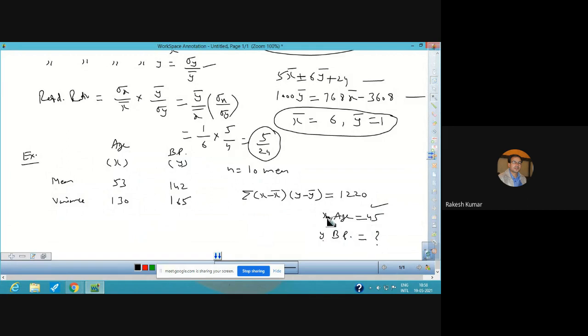So for this, we have to calculate the regression coefficient Byx.